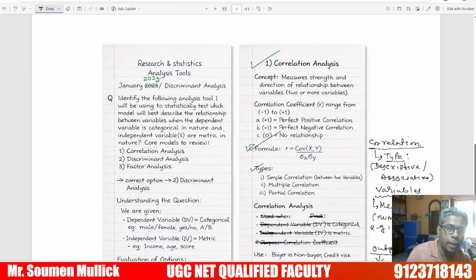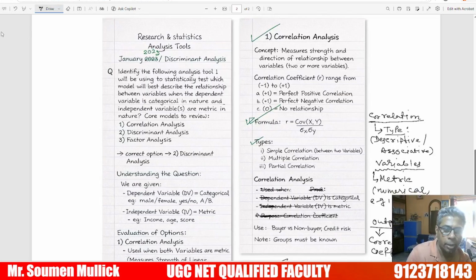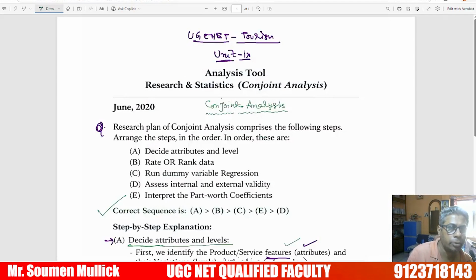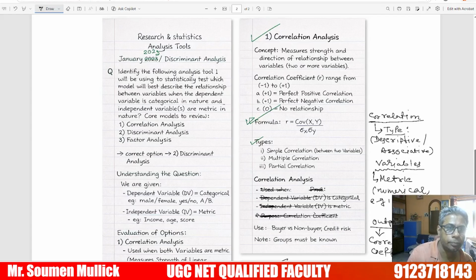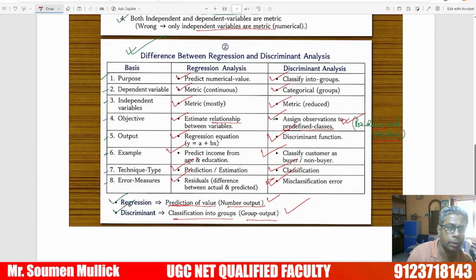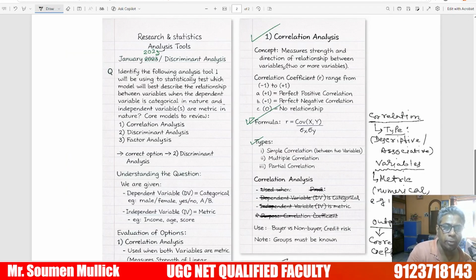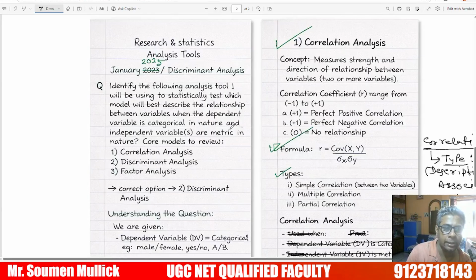And another important question in discriminant analysis. Identify the following analysis tool. Conjoint. Identify which analysis tool will be used as a statistical test.